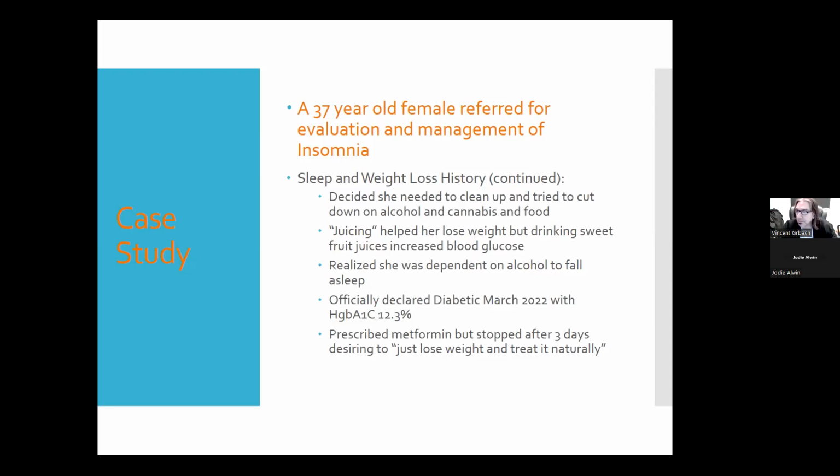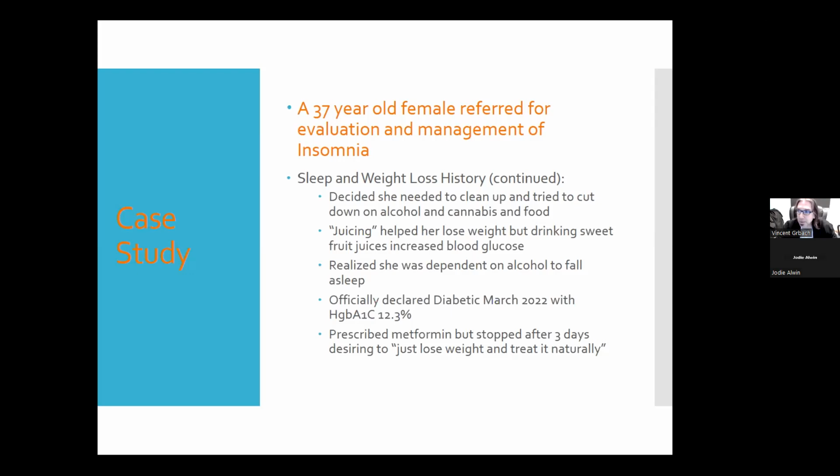She was determined to be pre-diabetic, and then she realized that she had alcohol dependence in order to fall asleep. So she couldn't fall asleep without drinking in the evenings. Officially, she was declared diabetic in March of 2022, which was a few months before I saw her, with a hemoglobin A1C over 12.